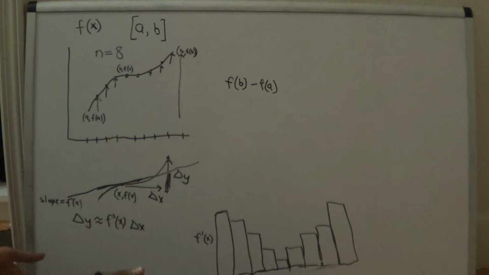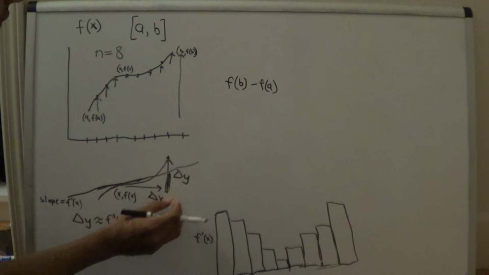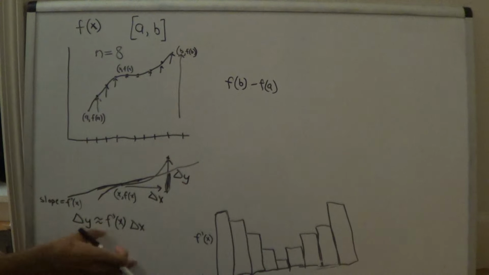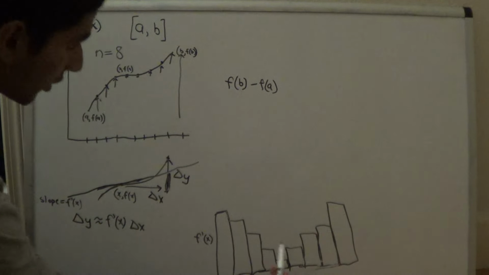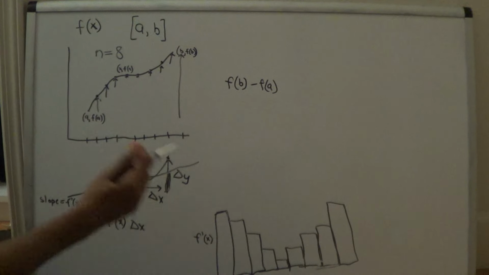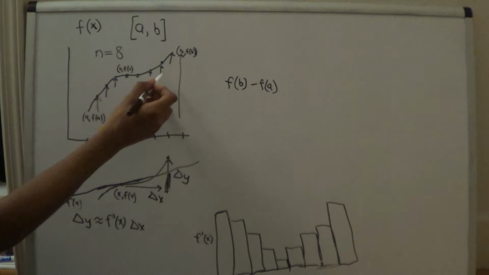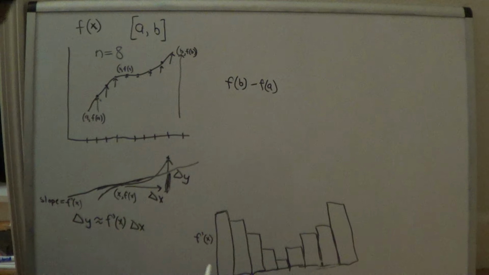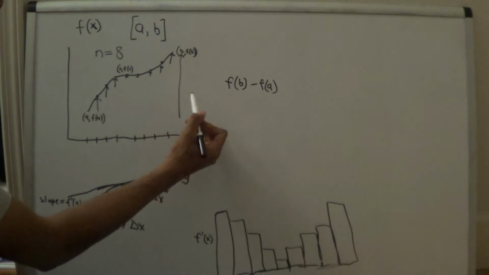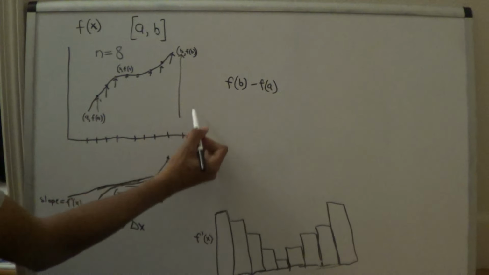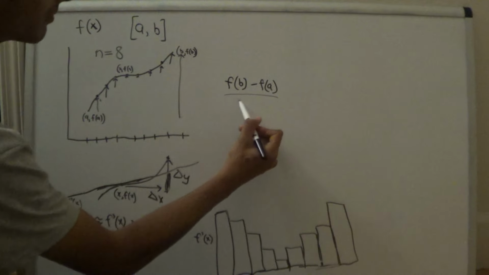That's the way I built them, so that they would have an area approximately equal to delta y. So if I sum up the areas of all these rectangles, that's like summing up all of these delta y's, approximately. The total sum of the areas of all these rectangles is approximately equal to this total vertical distance, f of b minus f of a.